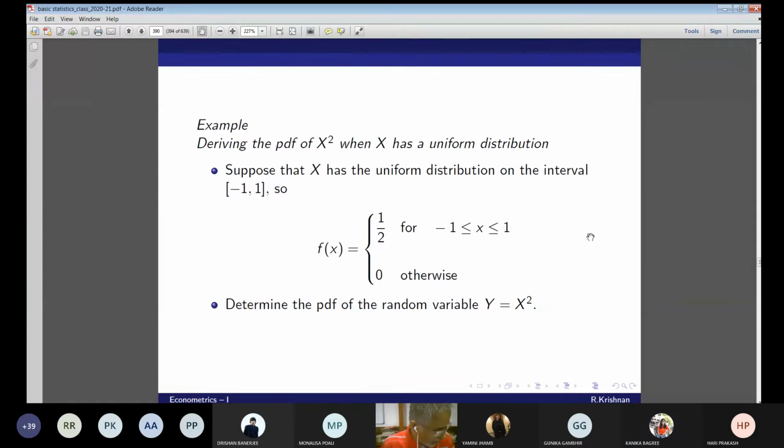Now for each value of y such that 0 is less than or equal to y less than or equal to 1, what will be the CDF of y? The PDF is 1 for 0 to 1. What is G of y? I think root y by 2.